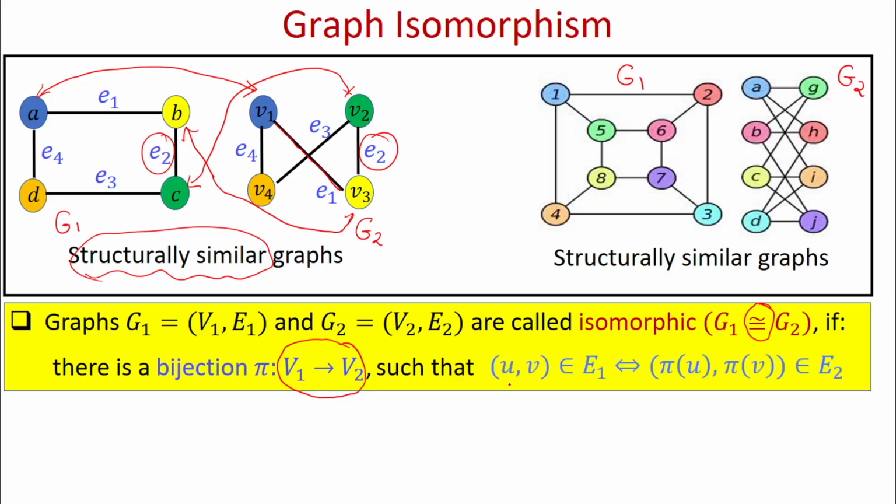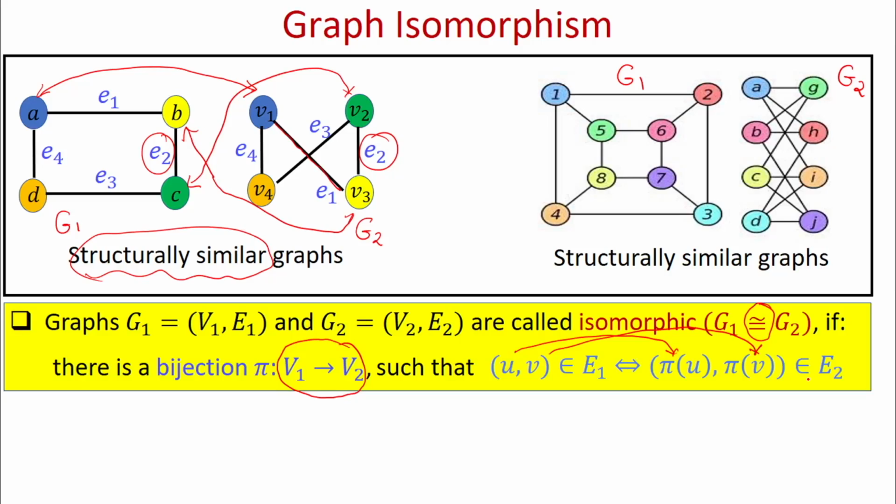If you have an edge between the nodes U and V in the first graph, then you focus on the mapped U vertex in G2 and the mapped V vertex in G2, and there should be an edge between the mapped U vertex and the mapped V vertex in G2 as well. And this is a bi-implication, that means the other way around should also hold.